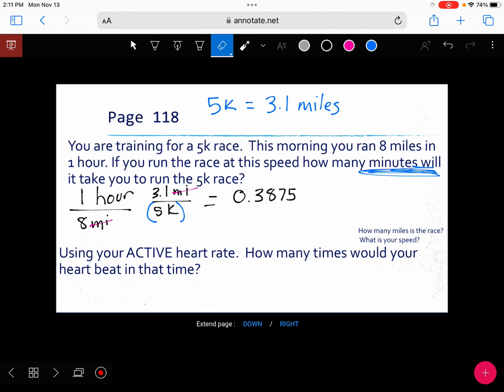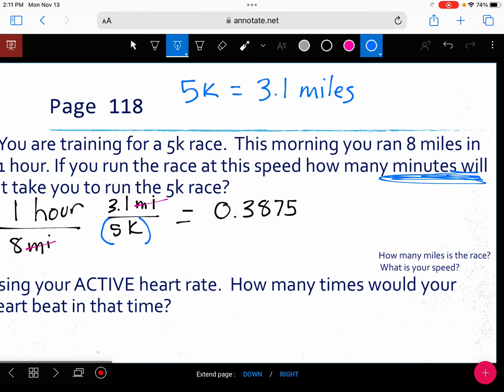I'm going to really just take my 3.1 and divide it by 8 to figure out it's 0.3875 hours per 5K. Everyone see how that came to be? Because it's weird. But once we get through it, it's okay.